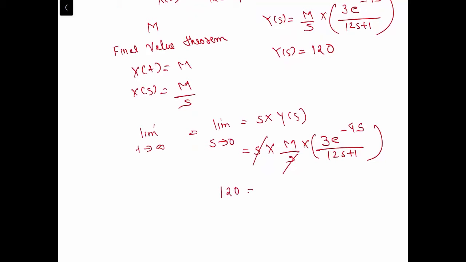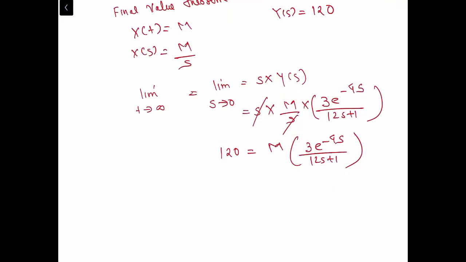So it is 120 equals m, s is cancelled out, and 3e to the power minus 4s upon 12s plus 1. Okay, so these values are given. So if you solve this, put the value of s equals 0, it will come 3m equals 120, m equals 40. So this is the answer.